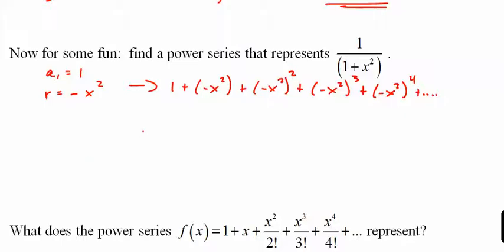Let's write it out. 1 minus x squared plus x to the fourth minus x to the sixth plus x to the eighth. I don't have this formula handy, so I'm going to go with my negative 1 to the n. I'm going to check that out first. The 0 is 1.